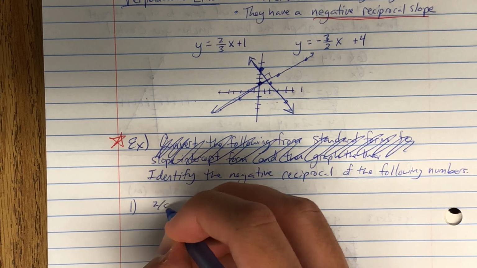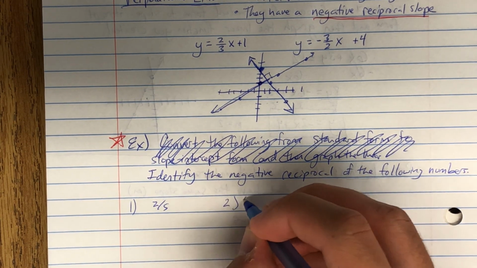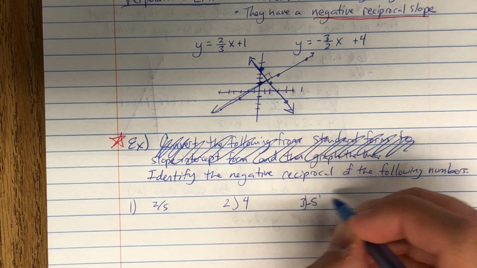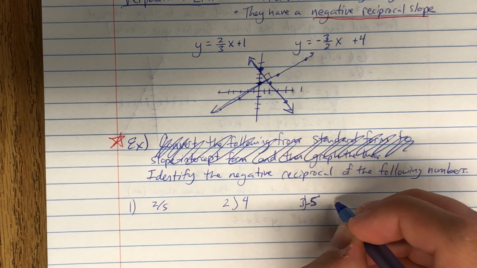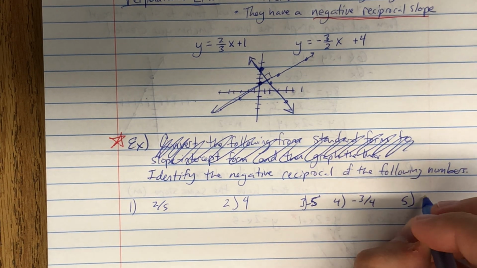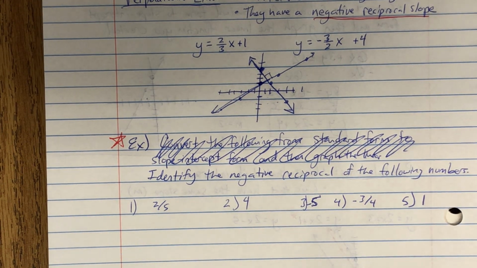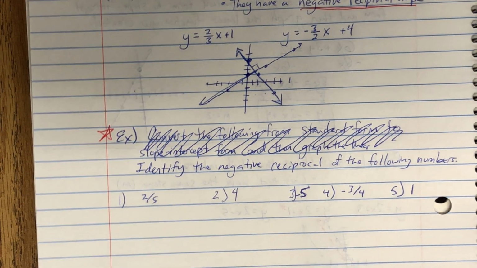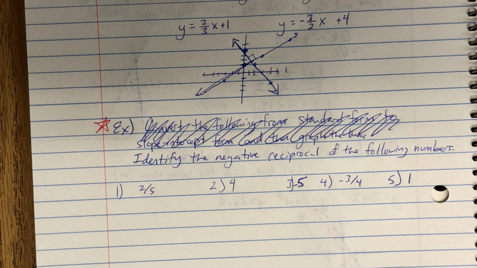So 2/5, 4, -5, -3/4, and 1. So I'd like you to identify the negative reciprocal for those 5 numbers. So pause the video, take a moment and do that.